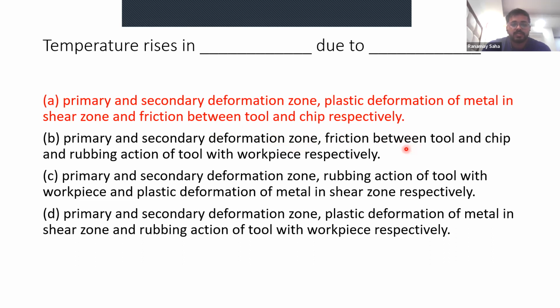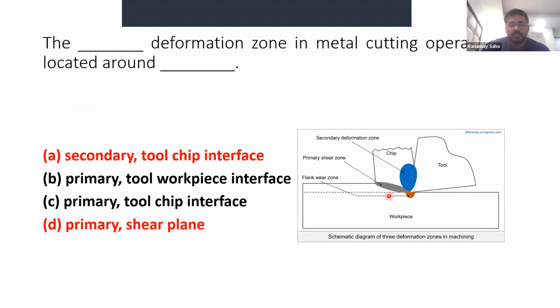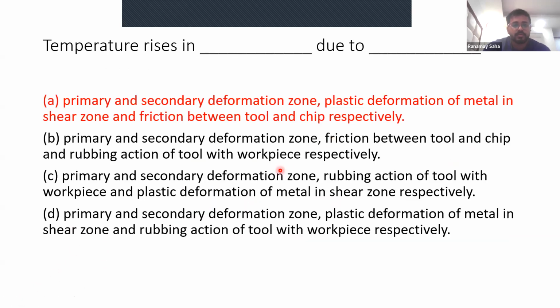And then option C says the rubbing action of the tool with the workpiece and the plastic deformation of metal in the shear zone. So this one is the primary deformation zone actually, right? The plastic deformation of metal in the shear zone is the primary deformation zone, as we have already shown here, right? So this one is the primary, not the secondary. So option C also goes wrong.